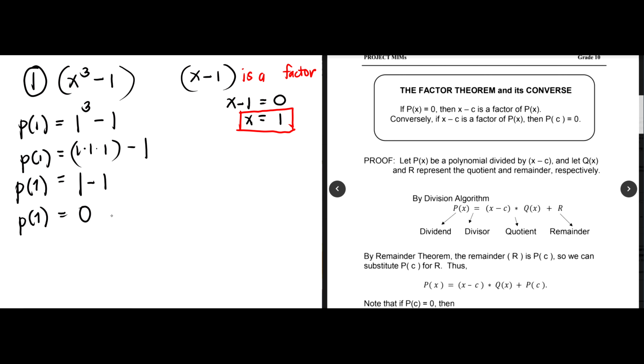This 0 is your remainder. What does the factor theorem say? When your remainder is 0, then x minus c is a factor. So the answer here: x minus 1 is a factor.